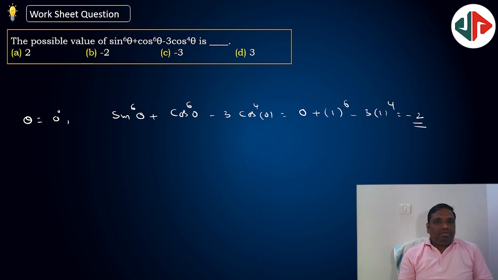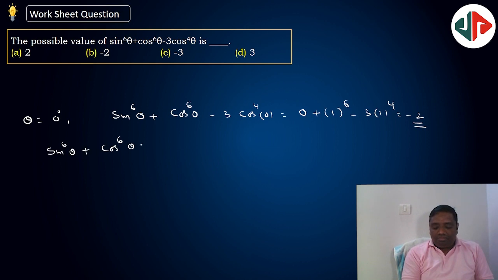If you say, sir, I will simplify it, you can try that also. The final answer will be minus 2, because sine power 6 theta plus cos power 6 theta is always equal to the standard form 1 minus 3 times sine square theta into cos square theta.